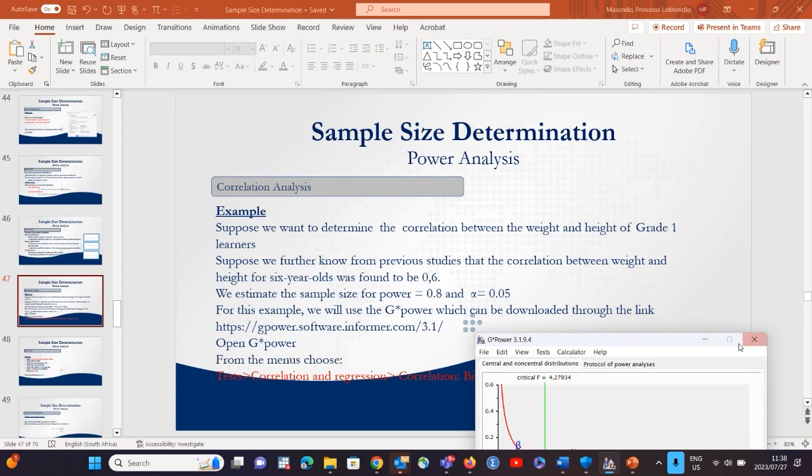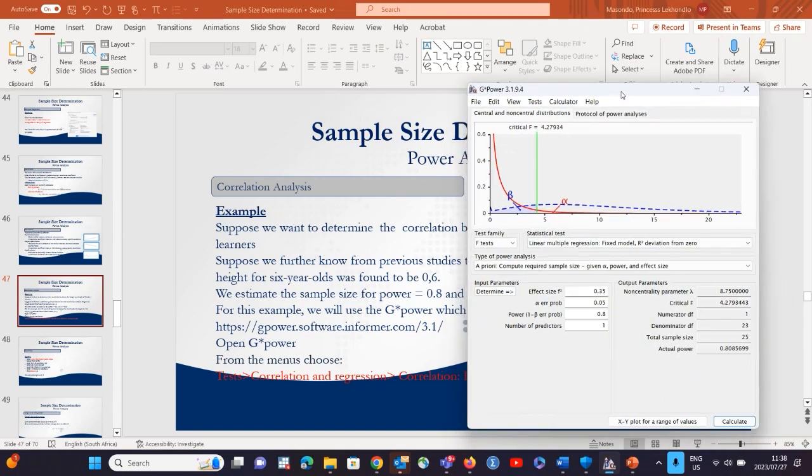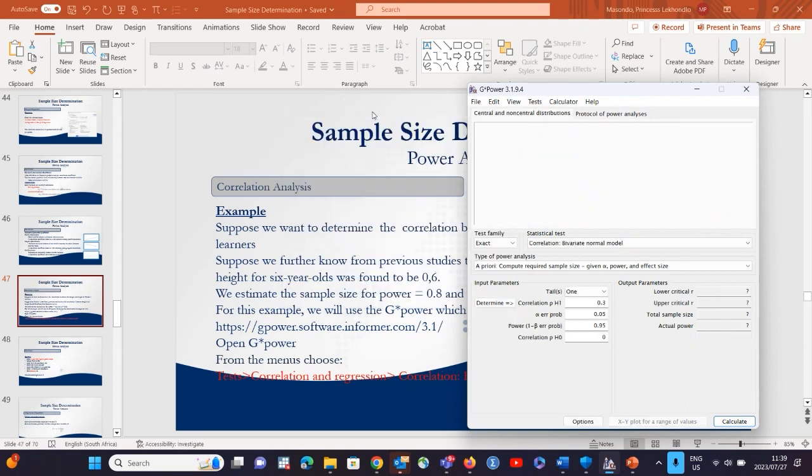So we can use the G power. Now yes, here. So you can go to test to specify. Here we want correlation and regression, and we want correlation, bivariate, normal model, and then you specify.